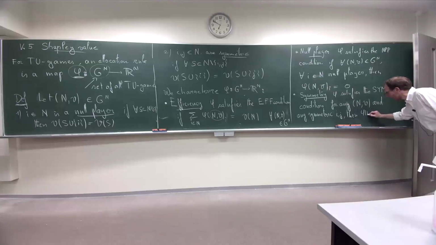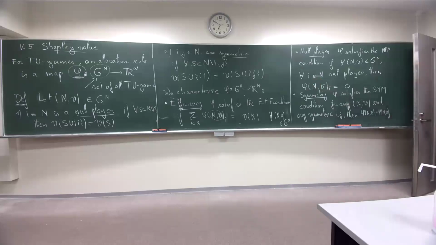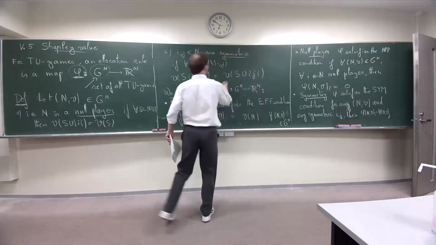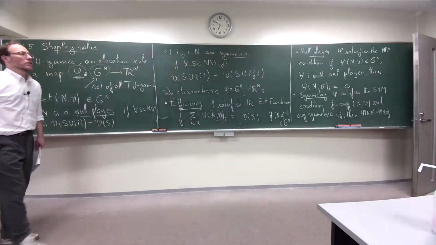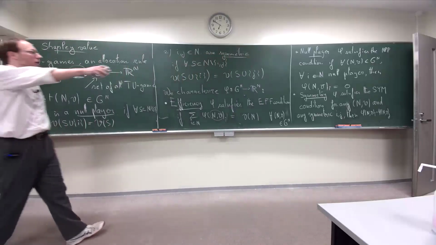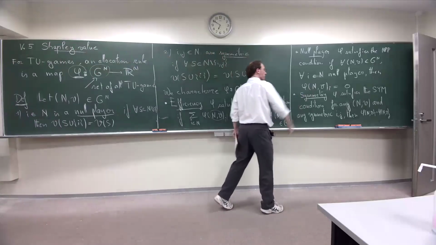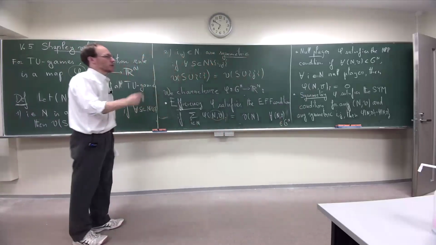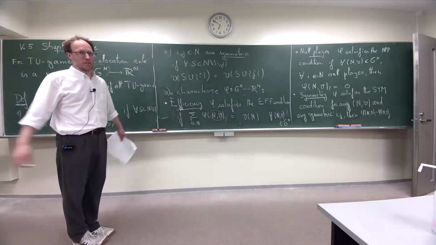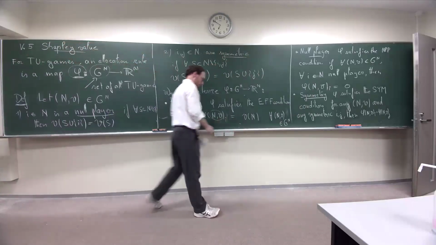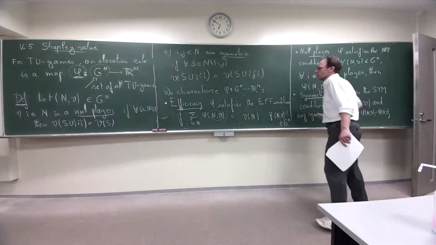So phi of (N,v) entry i is the same as phi of (N,v) entry j. The two players bring the same to all coalitions. So we give a definition for an allocation rule, or for a map from the set of all games to Rn, which respects this symmetry. It's quite natural.